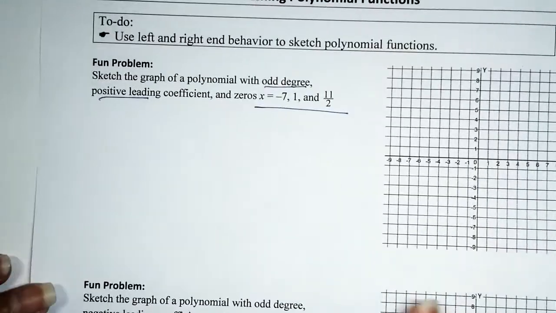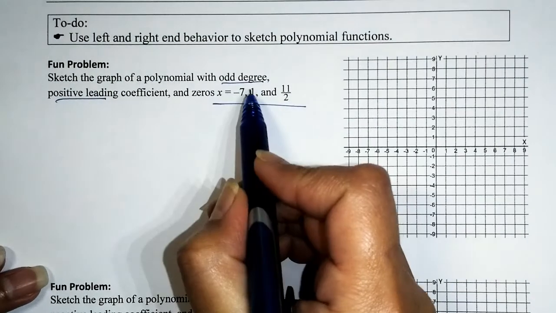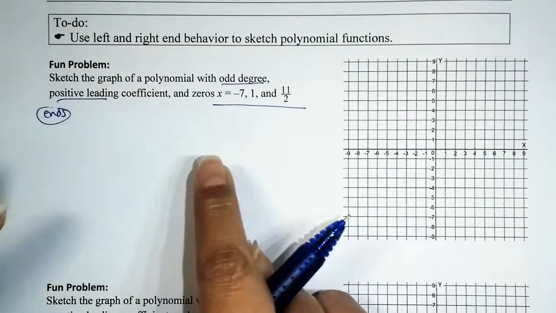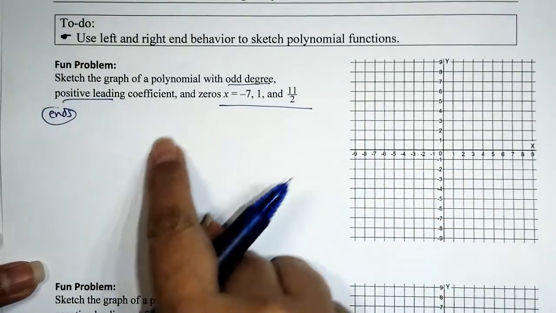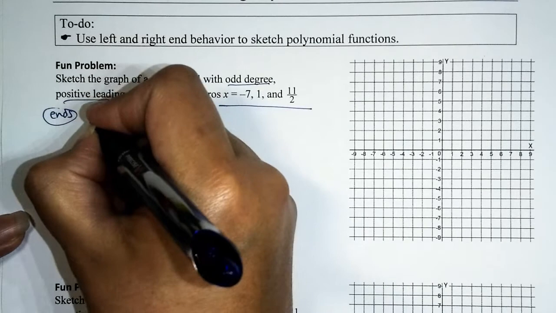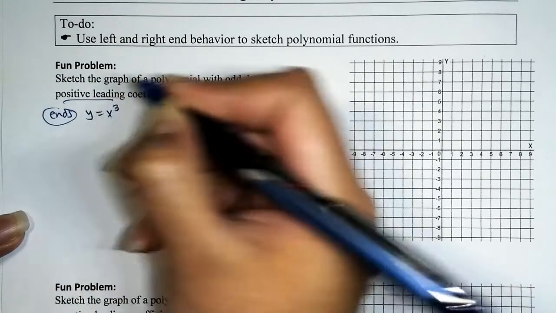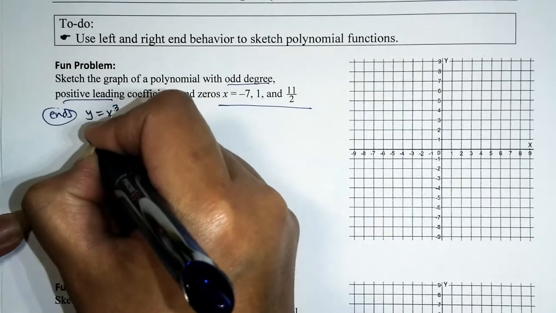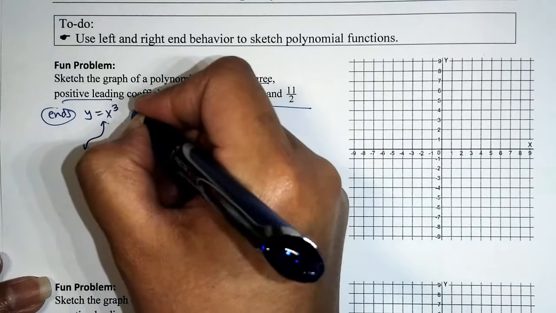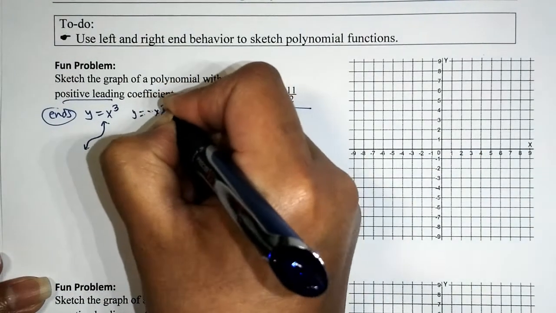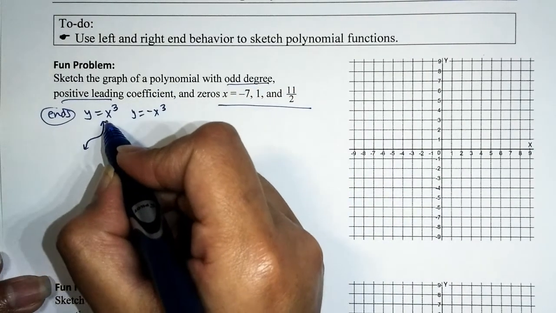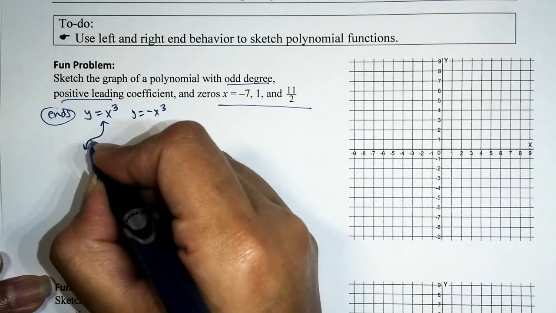If we have a polynomial of odd degree, I don't know about the in-between action, but the ends are going to behave like the cubic function. So it's going to be something like this: one side will go up, one side goes down. If we have a negative leading coefficient, we're going to reflect this about the x-axis, so this comes down and the bottom part comes up.